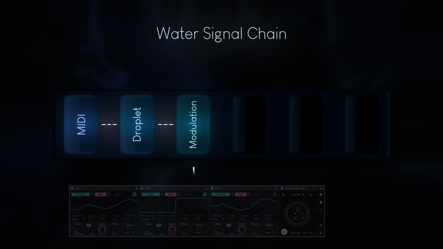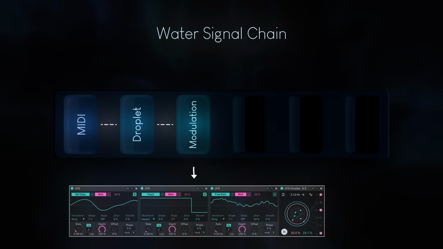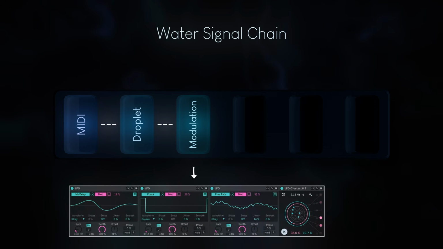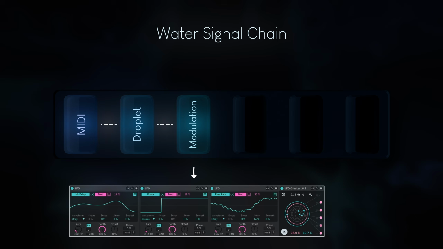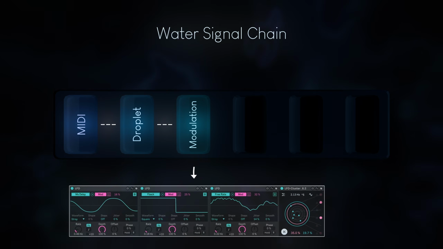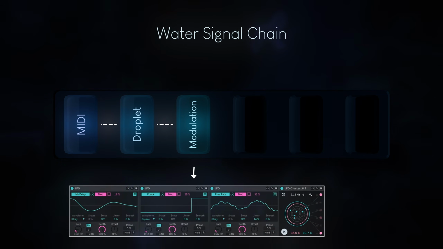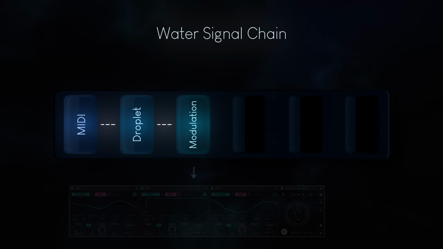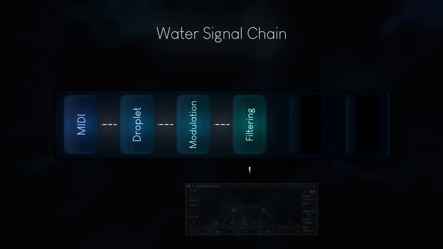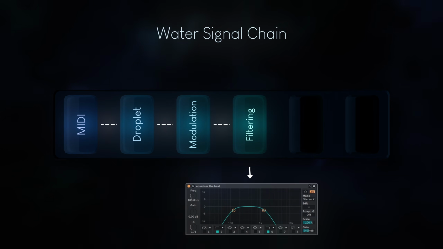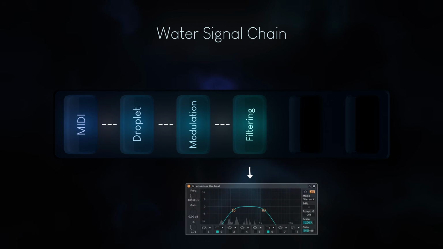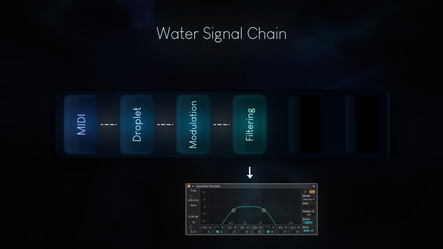This is a group of modulators that modulate any parameters that aren't being modulated within my droplet synthesis patch, which could be EQs, delays that come later in the chain, and more. Next, I have EQs that isolate frequency ranges to make sure that the droplet sounds roll off near the ends of the range.